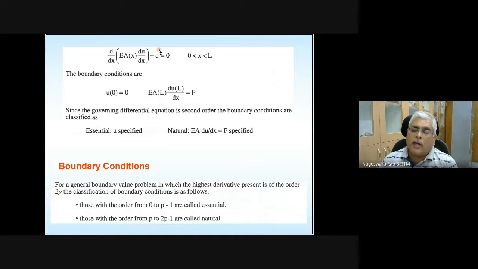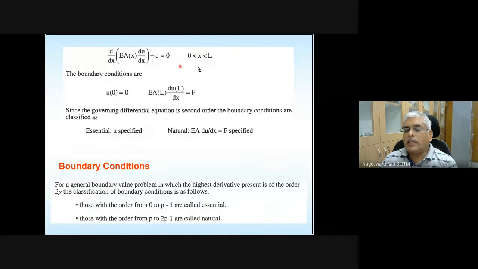So that equilibrium has to be satisfied at any point along the length of the bar. So this equation has to be satisfied from x equal to 0 to the length of the bar, L. So this is the domain of this problem. This equation has to be satisfied over this domain.